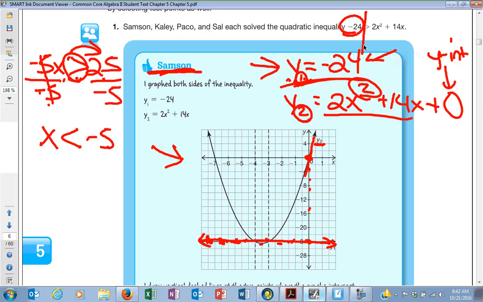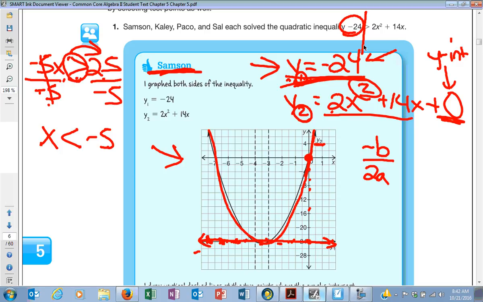I'm showing you how he graphed this. That's where this line came from. I'm showing you how this U was formed: he said, hey, my y-intercept is 0. I plot that point. What else did he find next? Before I can mirror that point, what do I need to have? Vertex. How do I find my vertex in standard form? Opposite of B over 2A.